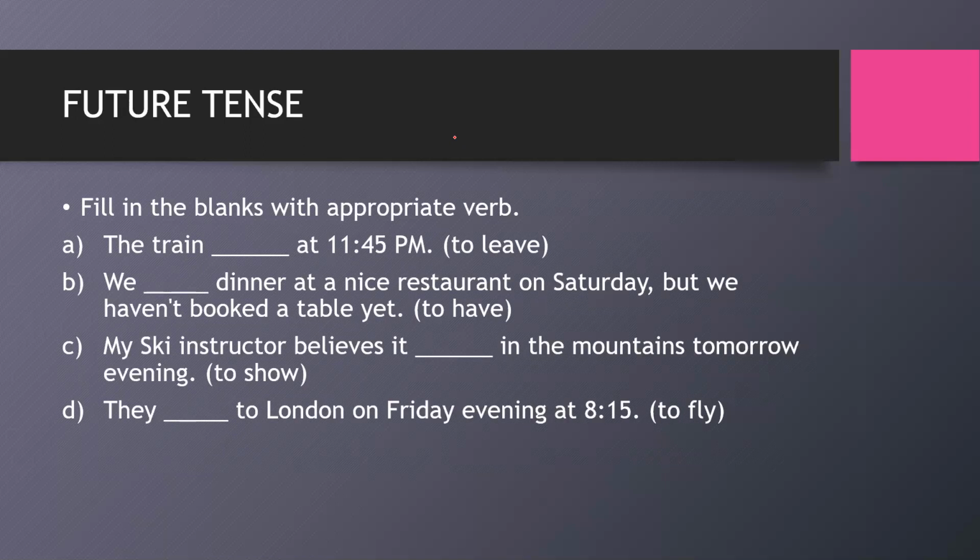My sky instructor believes it dash in the mountains tomorrow evening. This is snow. This is not show, this is snow. Error is there. Right. So my ski instructor believes it dash in the mountains tomorrow evening to snow. Tomorrow. Right. Kya hoga? They dash to London on Friday evening at 8:15. So what they will be doing, that you have to fill.